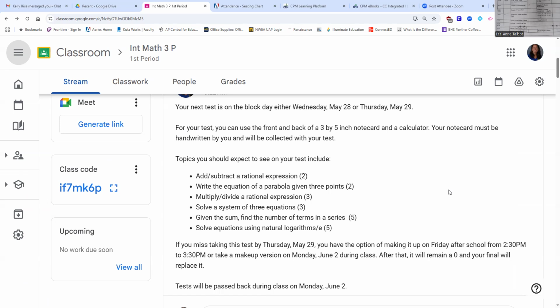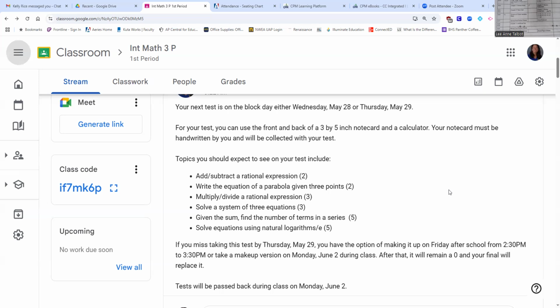Okay, but this is important. If you miss taking this test by Thursday, let's say you're sick next Wednesday or something, and then you take it in Thursday access, that means you took it on Thursday. You have the option of making it up on Friday after school from 2:30 to 3:30, because it's the CPT rally day, I have to stay for an hour anyway.